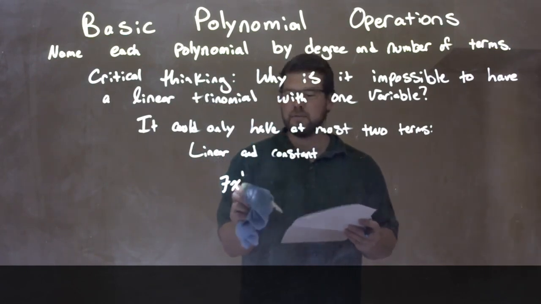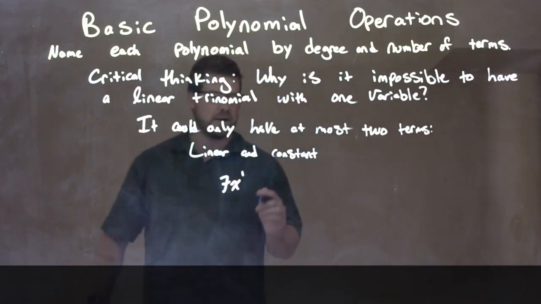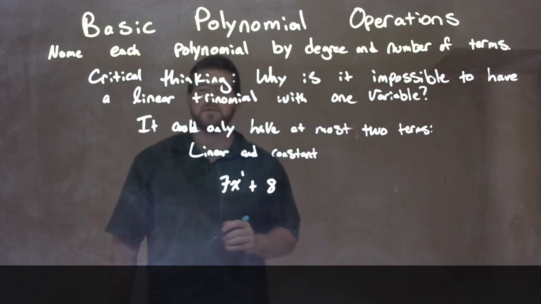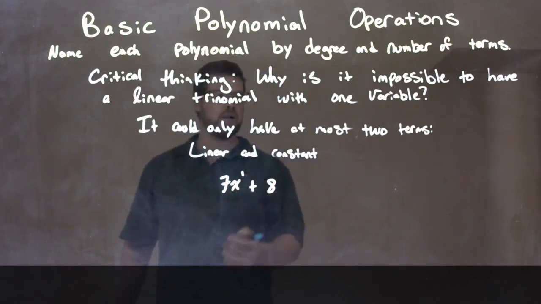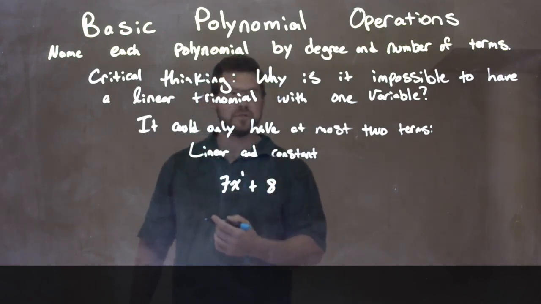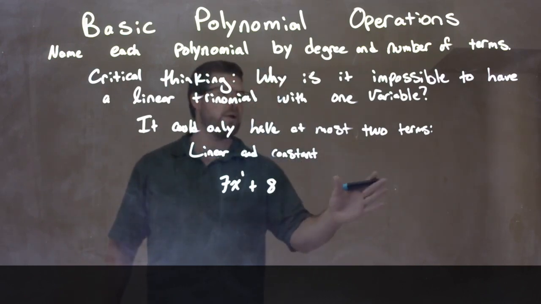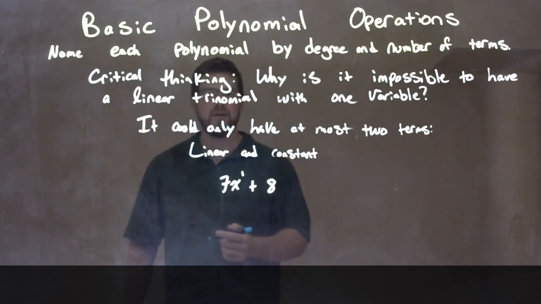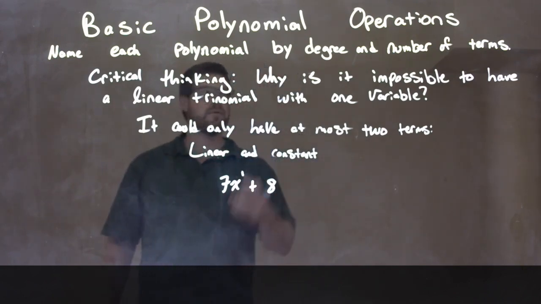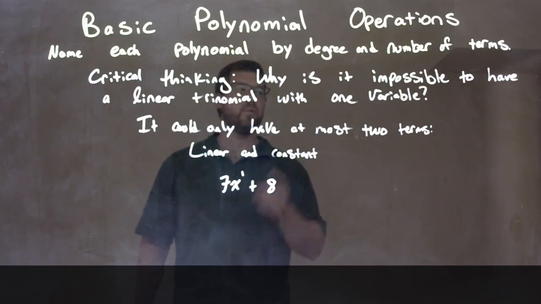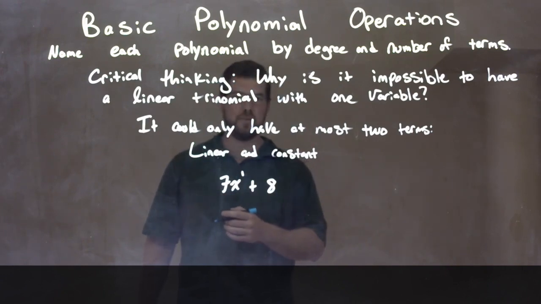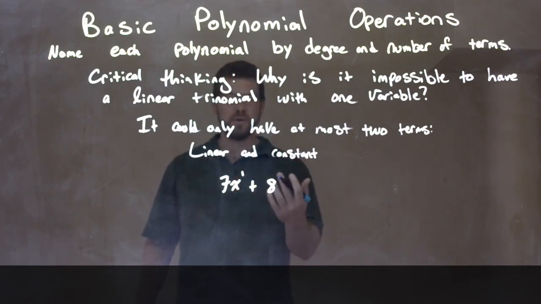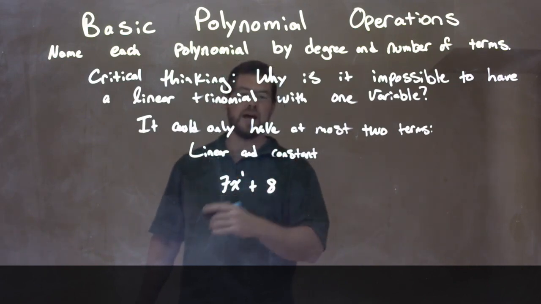And then we go down, as an example, to a constant. I'm going to have plus, I don't know, 8. So now we would have a linear and a constant, and at most we could have 2 terms. Now I could have other constants there, but again, I would have to simplify them together. So that's why it's impossible to have a linear trinomial with just one variable. It couldn't be a trinomial; it could have at most 2 terms.